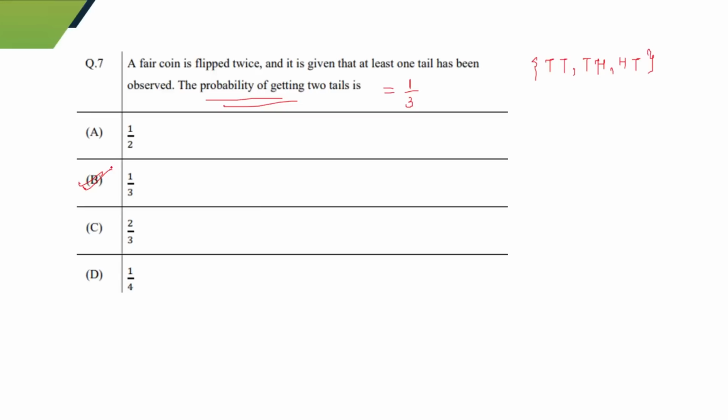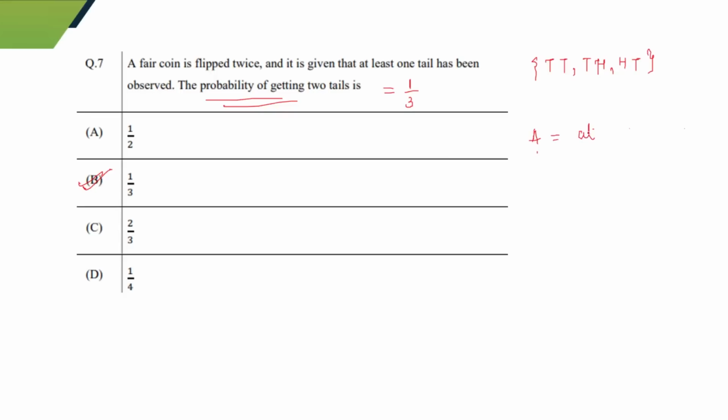What you would do is take the experiment as: a fair coin is flipped twice. Then I have to take an event.